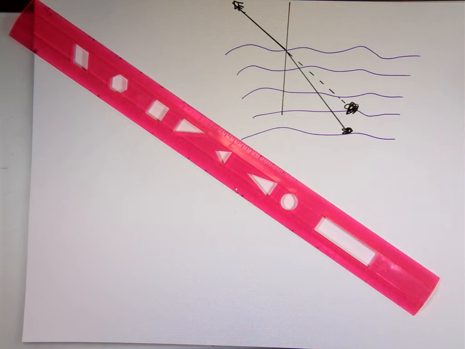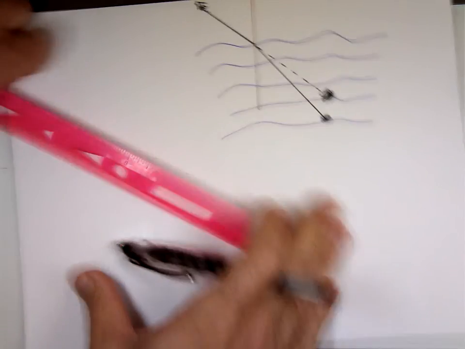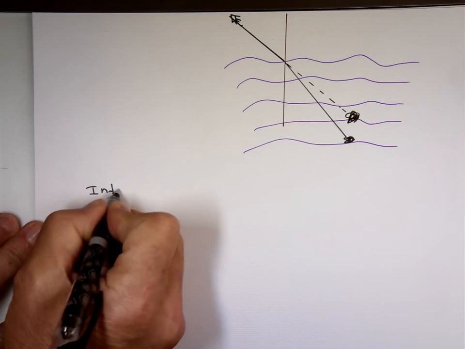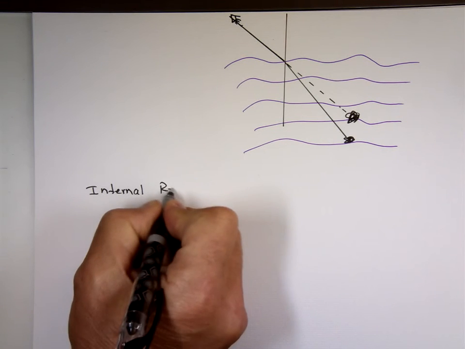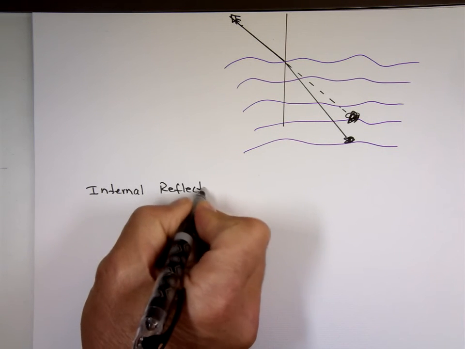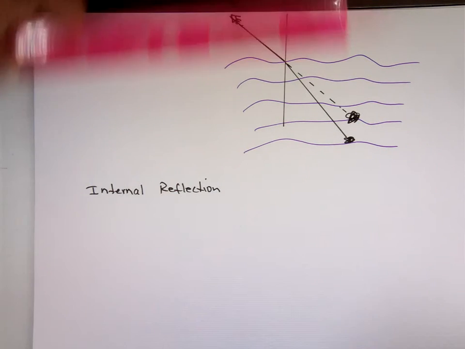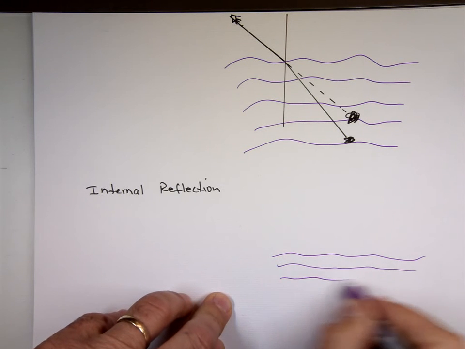Now, there's something called internal reflection here. And what internal reflection is, let's say that we want to spy on, in the service, a Navy SEAL.